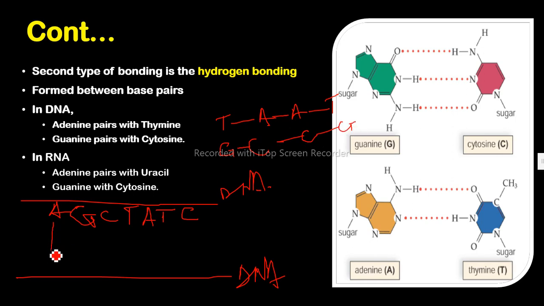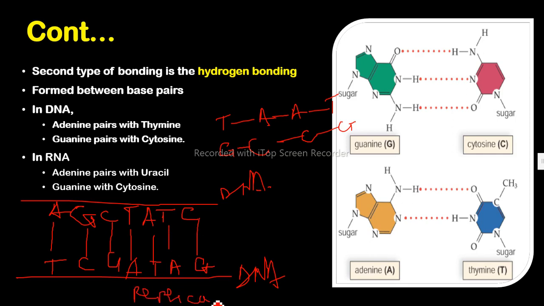So here where you have A, on the other strand we shall put T. Here where you have G, on the other strand we shall put C. Here where you have C, we shall put G. Here where you have T, we shall put A. Then this one is T, then A, then G. We shall talk about replication, and we shall talk more about the base pairing rule.